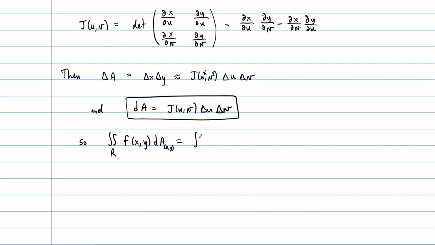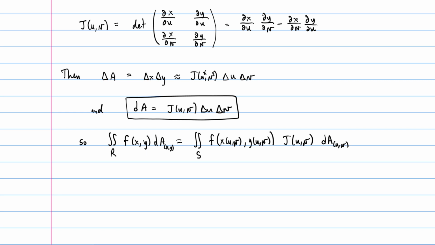We're going to transform this to the double integral over S of f of x of uv, comma y of uv. So now the independent variables are u and v, times the Jacobian of u and v, times dA in the uv sense here, right?